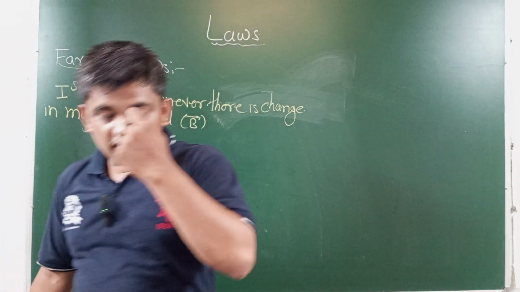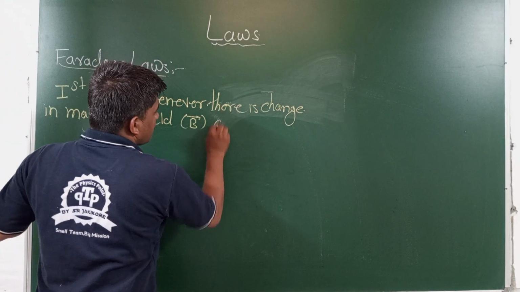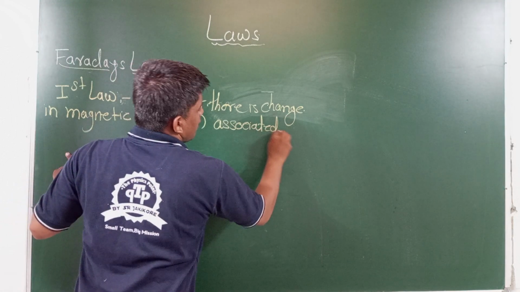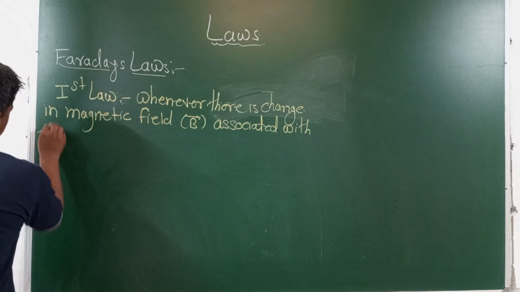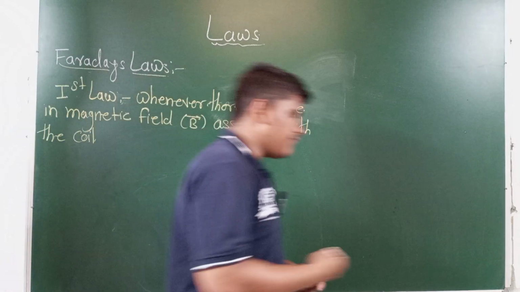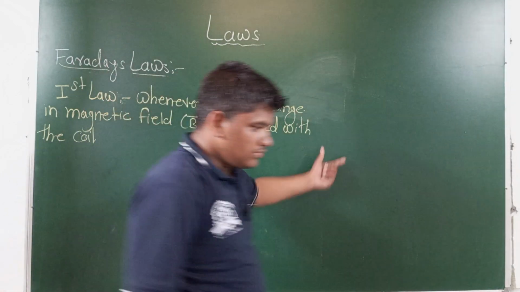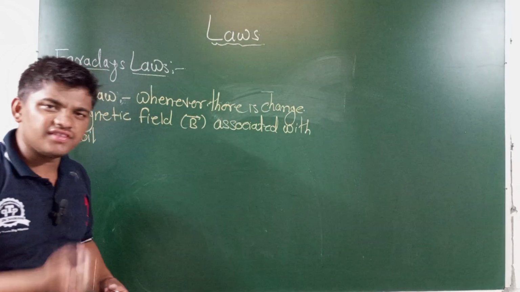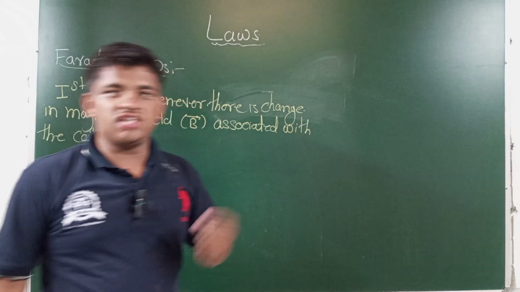Whenever there is a change in the magnetic field associated with the coil, firstly we supply some current I to the coil, and continuously change this current, then the produced magnetic field also changes.